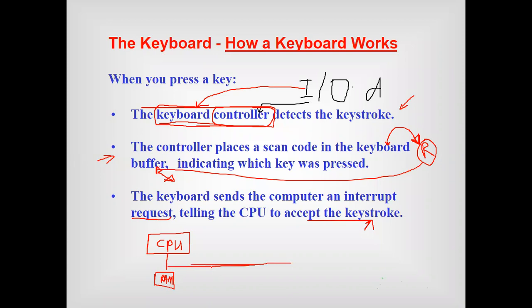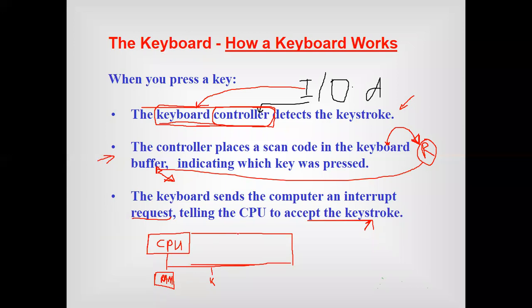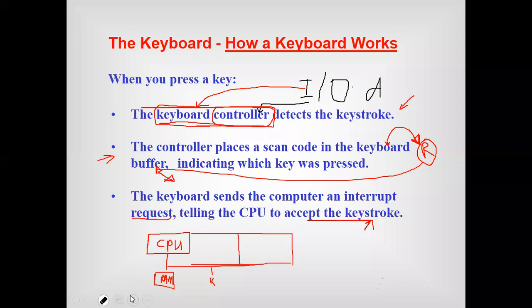The K I've drawn here is a keyboard, an illustration of the keyboard. Then I'm drawing another line coming down here, two lines, and a pointer coming from this straight line.